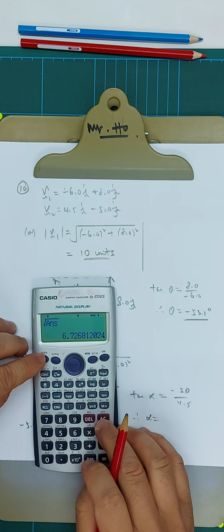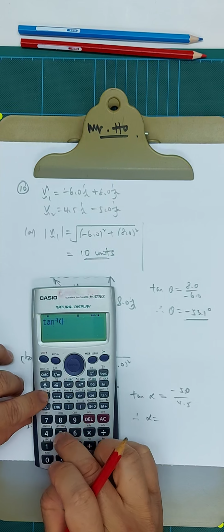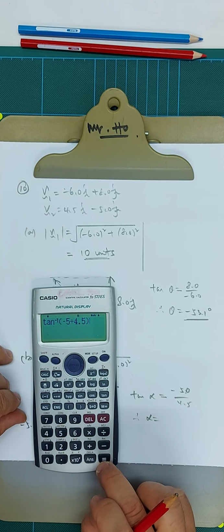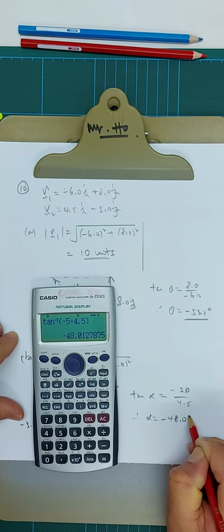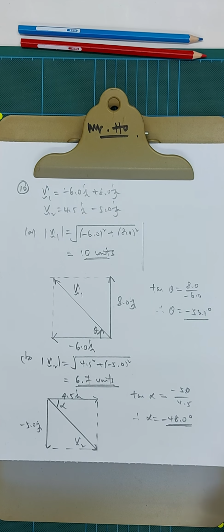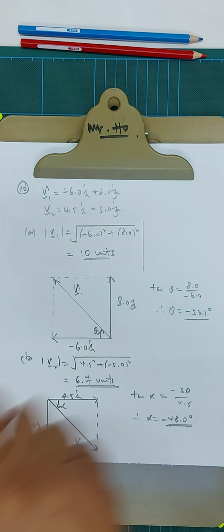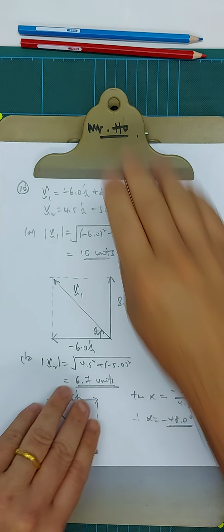So alpha is arctangent negative 5 divided by 4.5. Alright, so we get negative 48.0 degree. Negative again, you measure from the horizontal line down. Again clockwise, negative. Alright, so that is B.